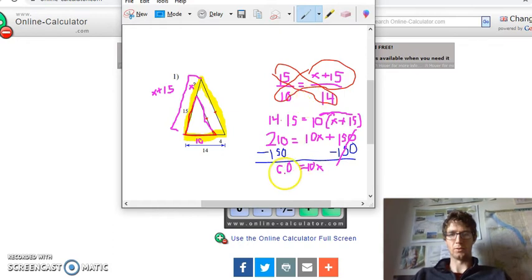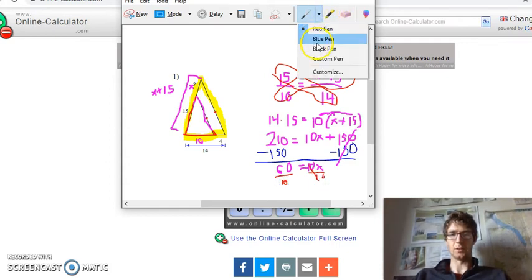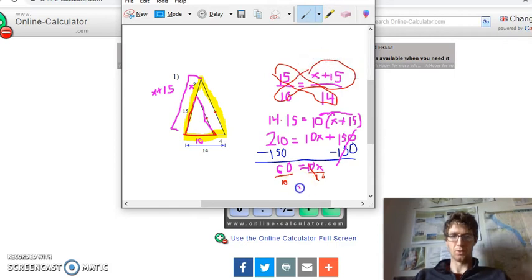So all I have to do now is get x by itself, so it's 10 times x. The opposite of multiplication is division. So divide both sides by 10, and that will give you your answer. You'll get x is equal to 60 divided by 10, which is 6.